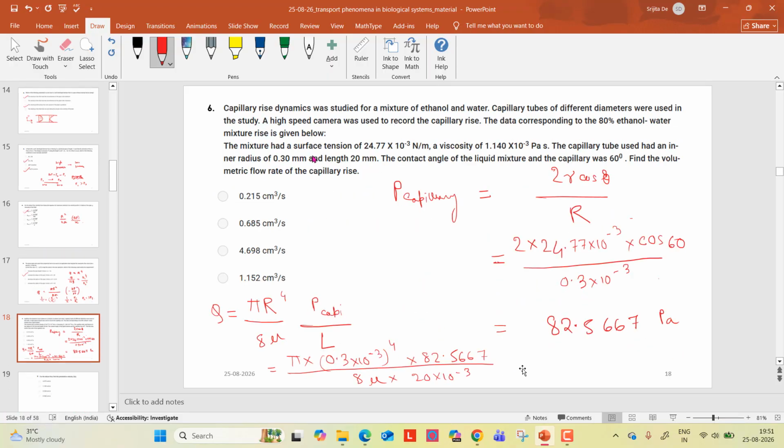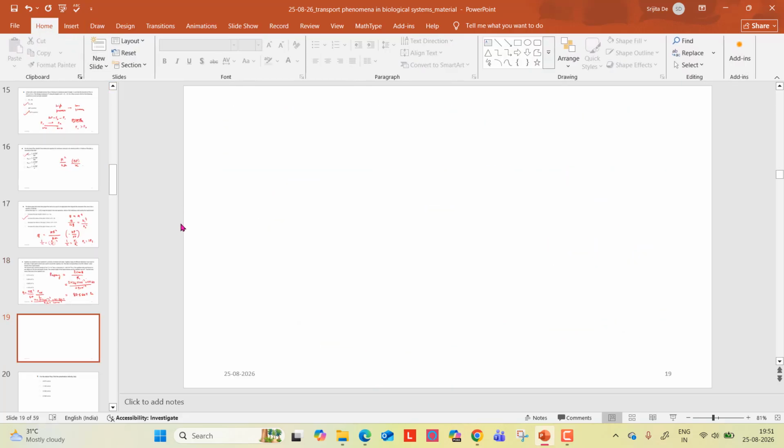Let's put the values again and do the calculation. I think I have done some mistake here. So your Q is coming as pi r to the power 4, that is 0.3 into 10 to the power minus 3 whole to the power 4, into P capillary, which is 82.5667, right?